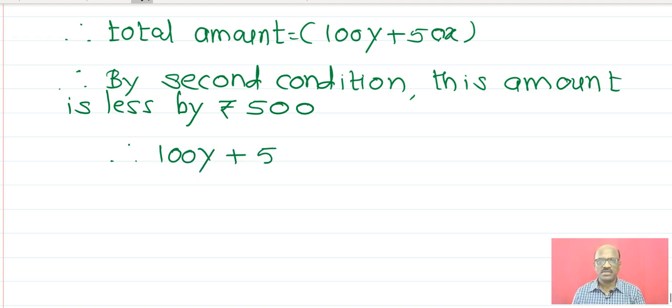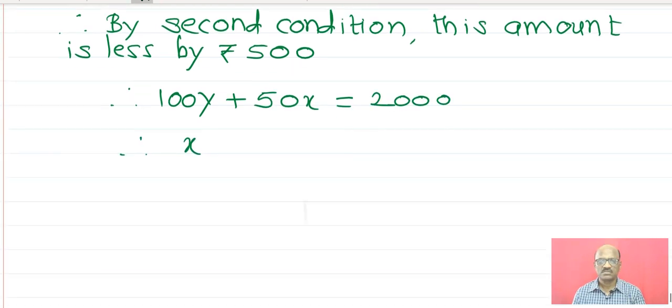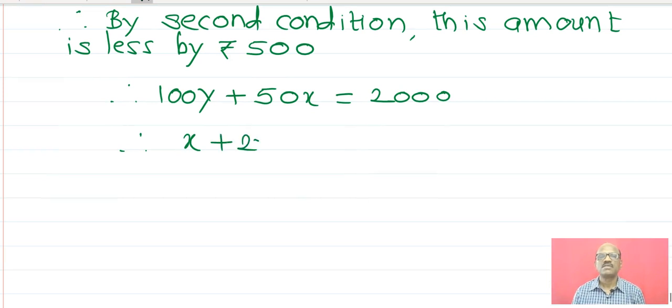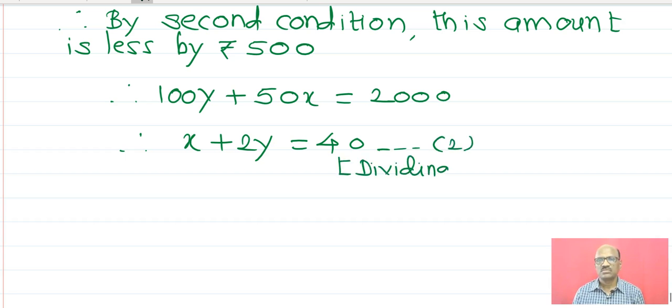Therefore, 100y plus 50x is equal to 2000. Dividing on both sides again by 50, then you will get x plus 2y is equal to 40. This is equation number 2.